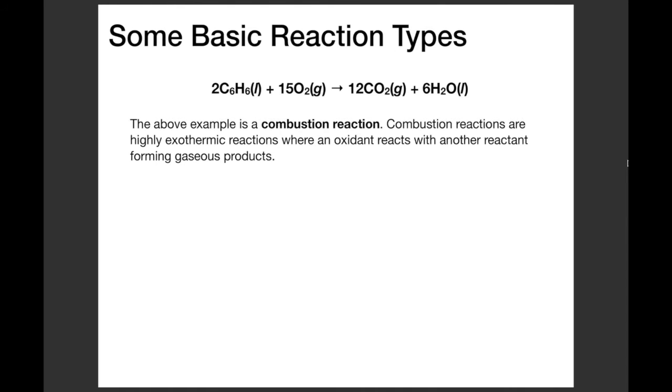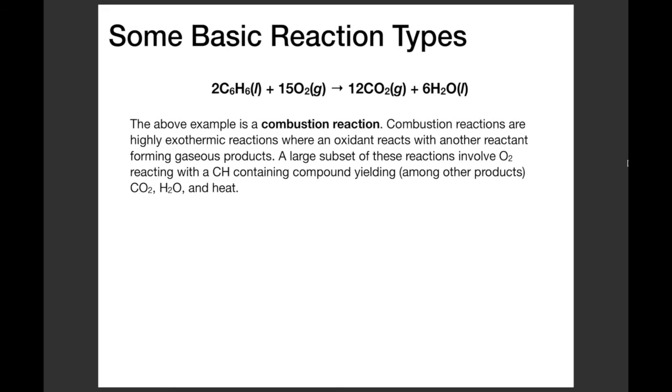Combustion reactions are formally reactions that are highly exothermic, so they produce a lot of heat, wherein an oxidant reacts with a reactant, forming some gaseous products. A large subset of these reactions involve dioxygen reacting with hydrocarbons, yielding carbon dioxide, water, heat, and other products. This is the reaction that takes place in an internal combustion engine.